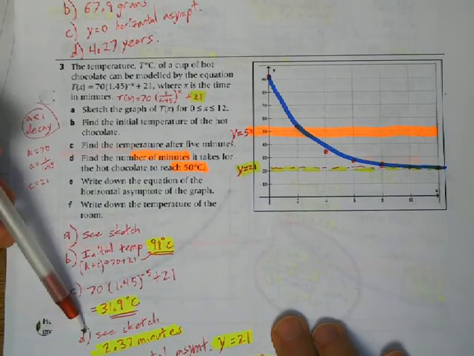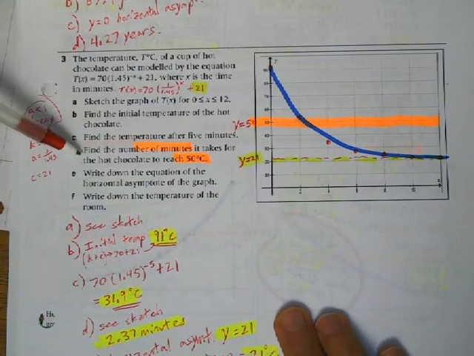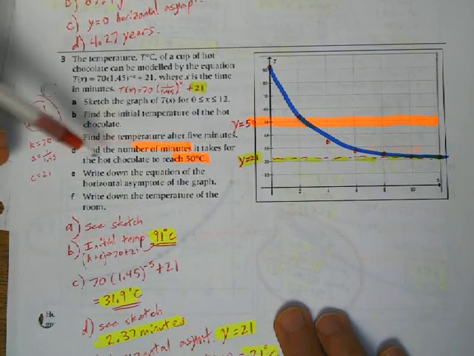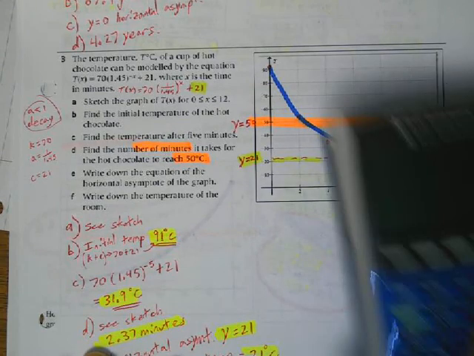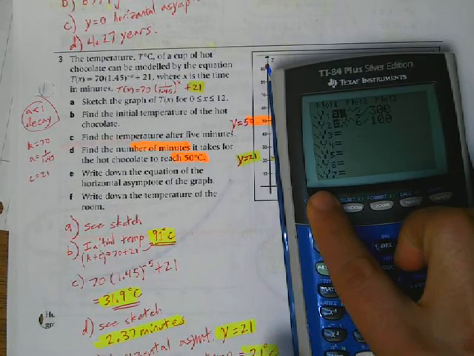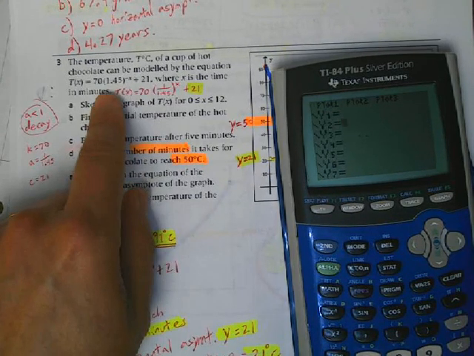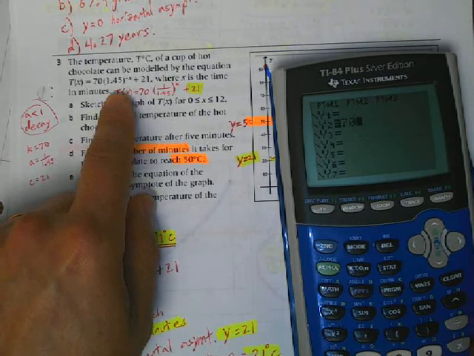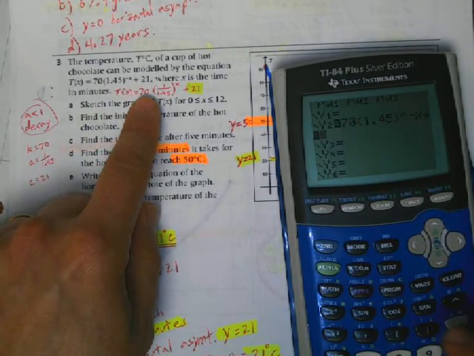Question D, sketch. We want to find the number of minutes it takes for the hot chocolate to reach 50. Just like in our previous problems, you type in 70 times 1.45 to the power of negative x plus 21.